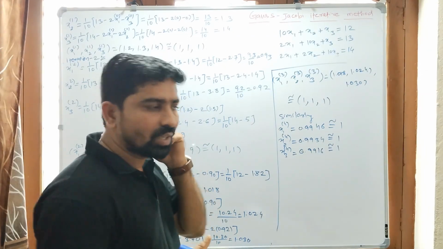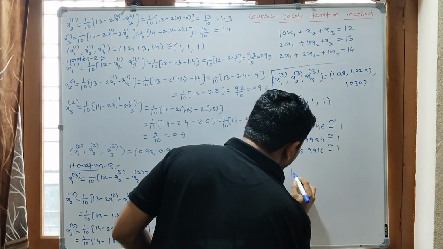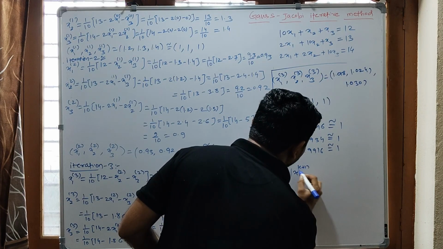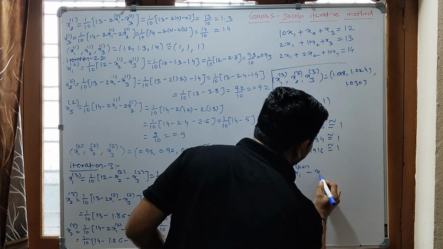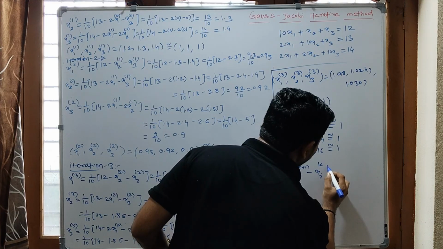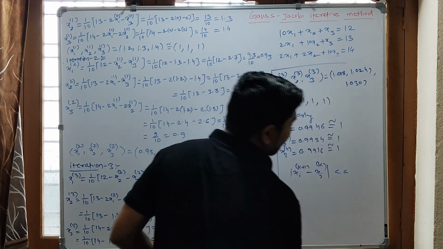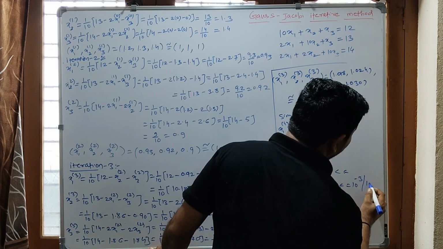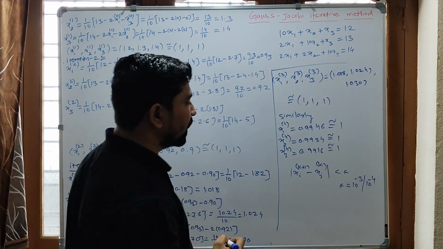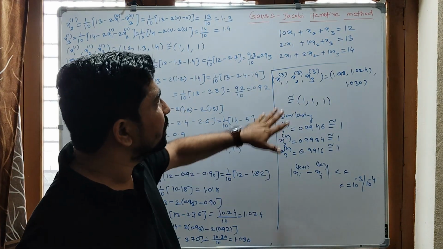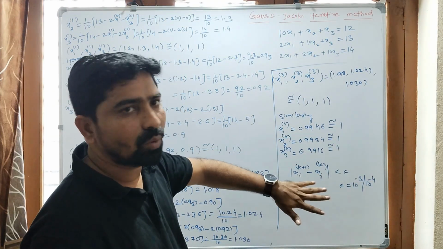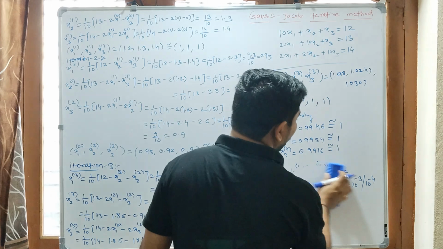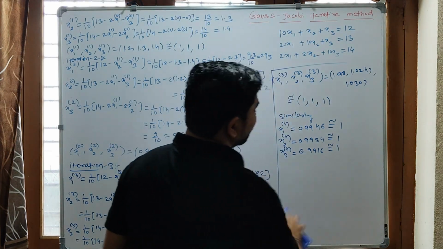The difference xi at k plus 1 minus xi at k is less than epsilon. Here we can take epsilon as 10 power minus 3 or 10 power minus 4. That's why after the third iteration the difference is not big, so you can stop after 3 or 4 iterations most of the time in your theory exam.